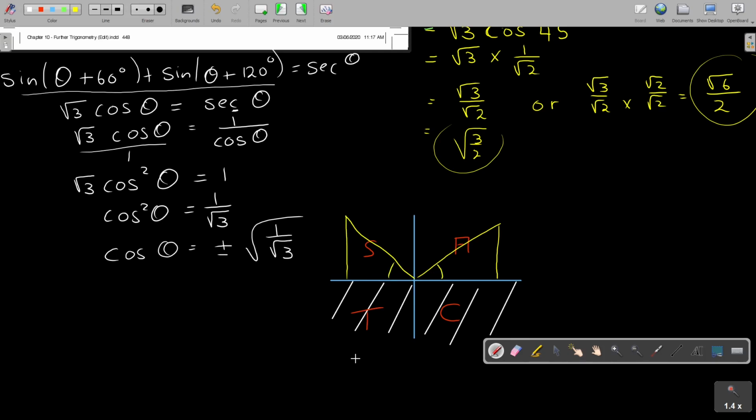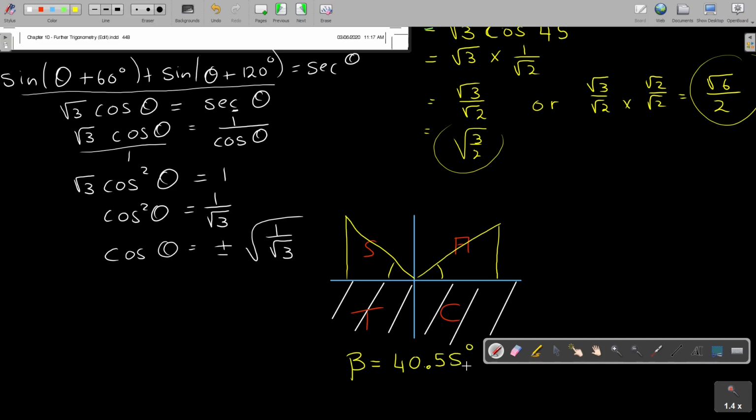Now, before I start, I'm first going to get my basic angle. And how do you get your basic angle? You are going to press Shift, cos, and then you're going to press square root, bracket, 1 divide square root 3, close the bracket, equals. And I'm getting, make it 2 decimal places, 40.55 degrees.